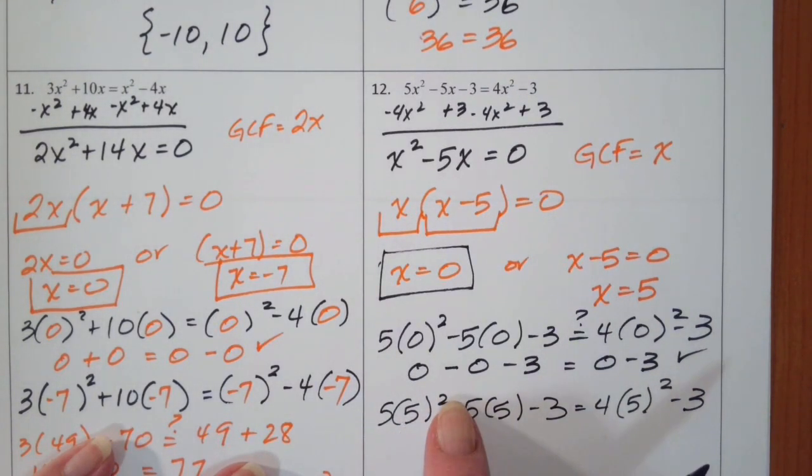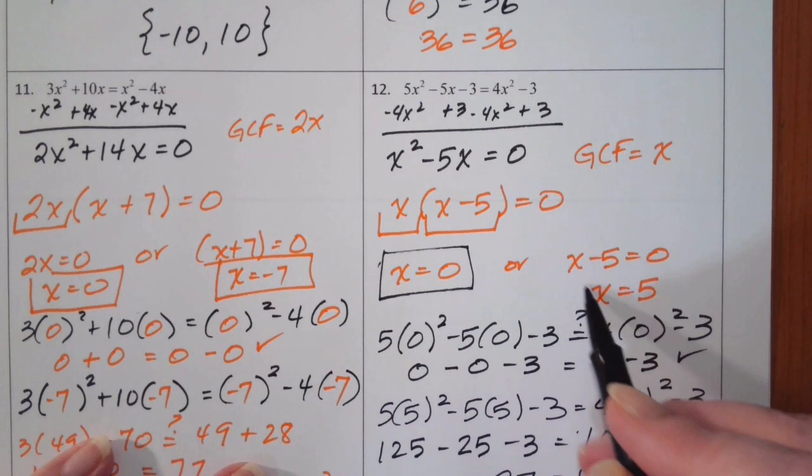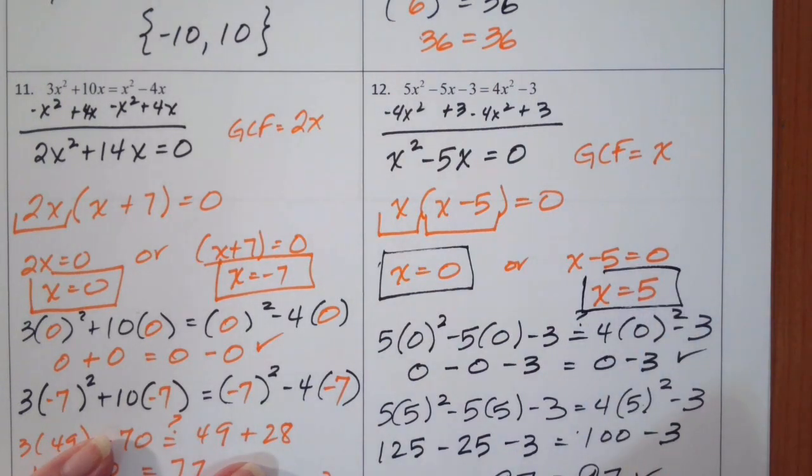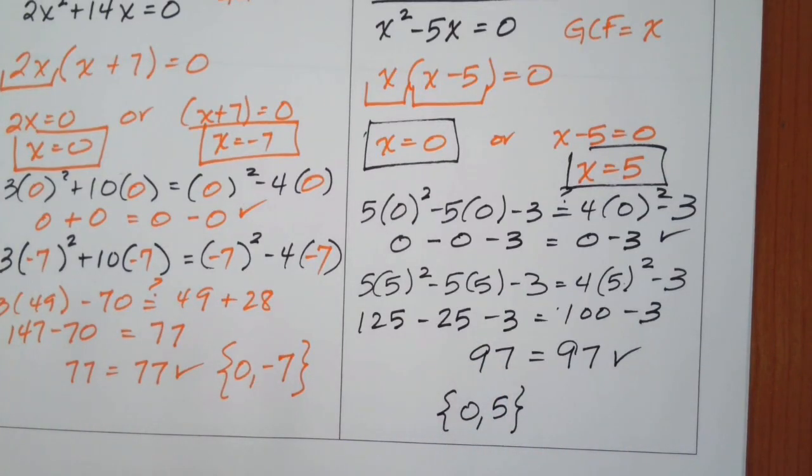Okay, 5 squared is 25 times 5 is 125 minus 25 minus 3. 5 squared is 25 times 4 is 100 minus 3. So that gives me 100 minus 3, which is 97. And it checks. So there you have it. Whoops! And I'm so sorry you can't see that, so I'll leave it up for a second.